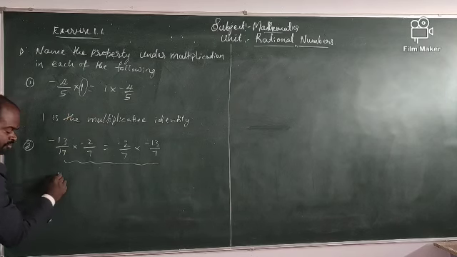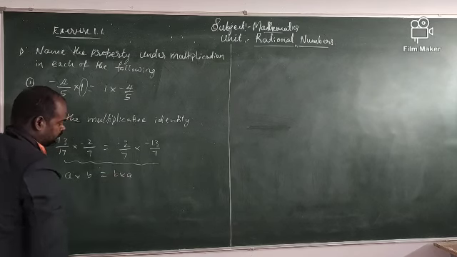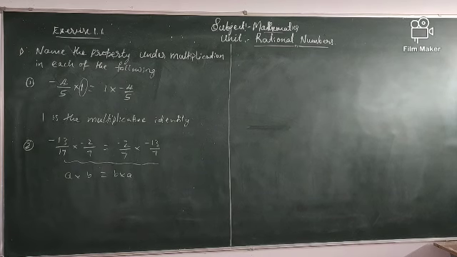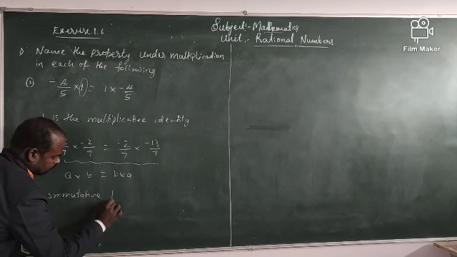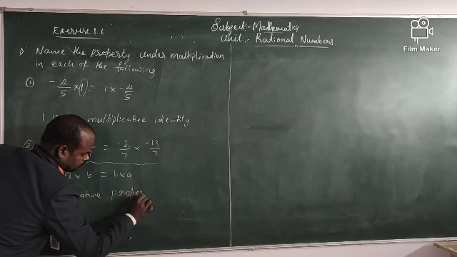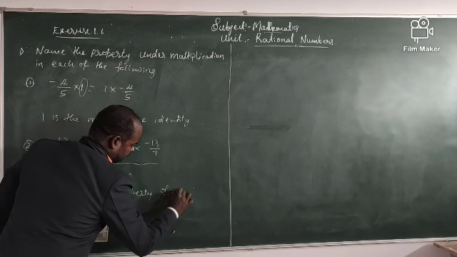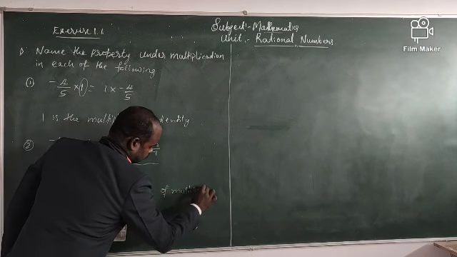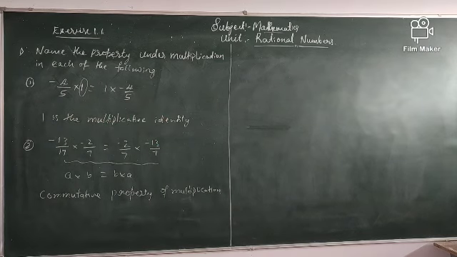It is in the form of a into b is equal to b into a. Therefore, what kind of property is this? Yes, this is the commutative property of multiplication.